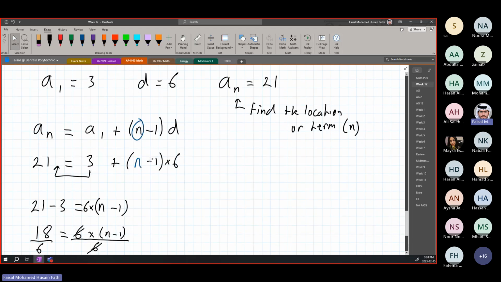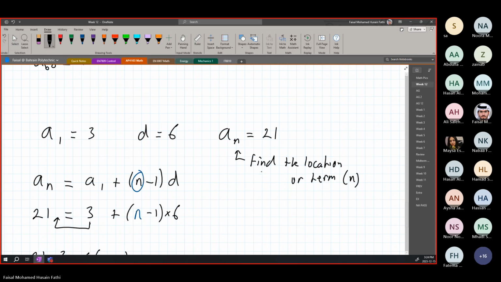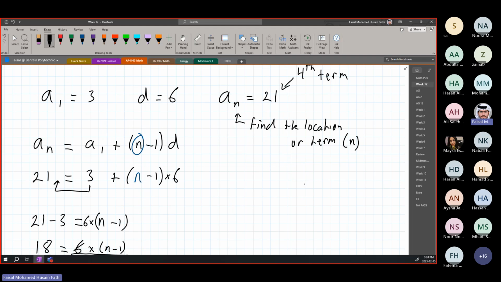So what does that mean? That means that this 21 is the fourth term. And how can we double check? We know that a1 is equal to 3. The common difference is 6. So what is a2? We just add 6. What is 3 plus 6? 9.